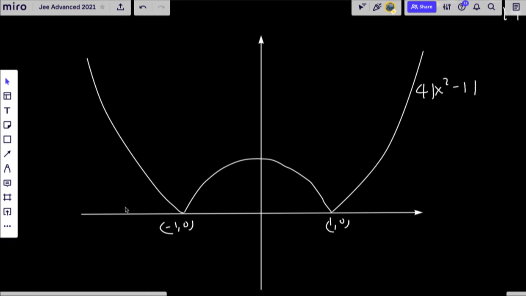Now we have to draw the graph of 3x square plus x minus 1. We have to select its minimum point, and see where it passes through. Let me write here the graph of 3x square plus x minus 1.